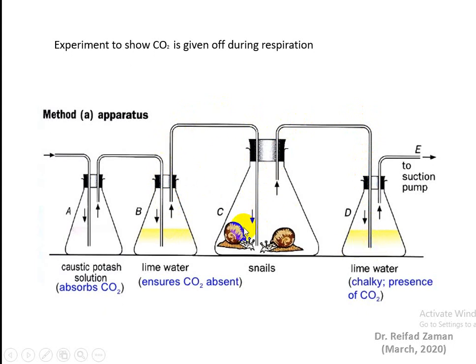We have to arrange these pipes very carefully, because if this pipe was dipped in water, then no air would enter through this pipe. So we have to be very careful that the first pipe should be above the level of liquid, and the second pipe should be dipped inside the liquid.